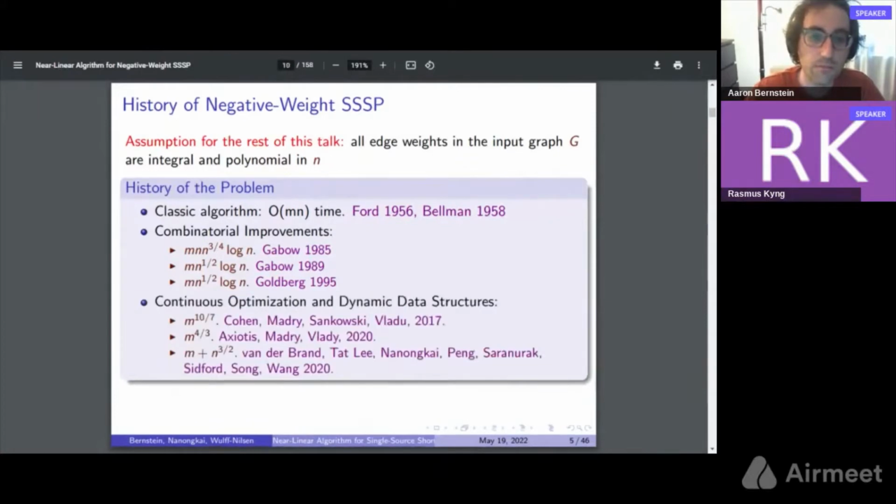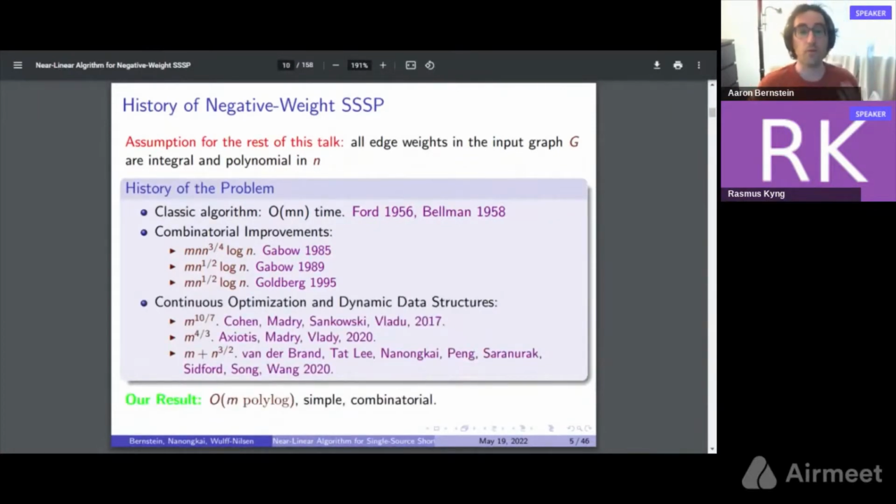So there are two natural questions you might ask. One is, of course, can you do faster? The second question is whether these most recent results, which use quite heavy machinery and generally solve much more general problems, are really needed. It's unclear: for a problem as specific as negative weight shortest paths, which is such a simple problem to define, do you really need this kind of heavy machinery?